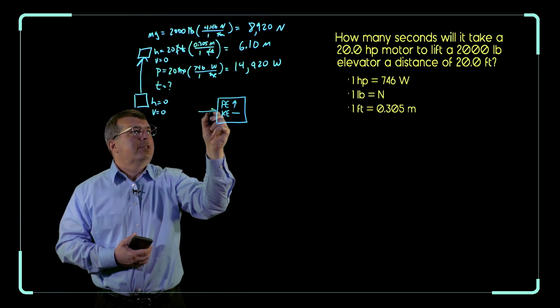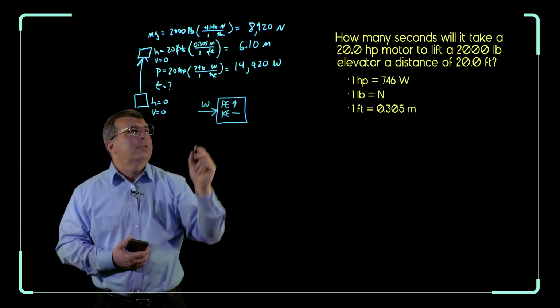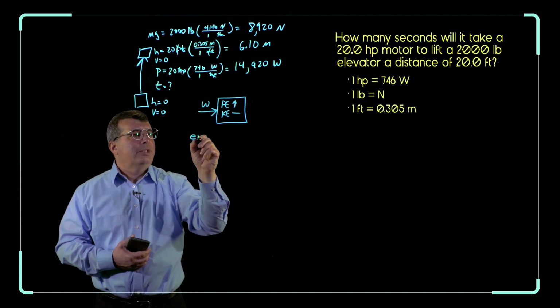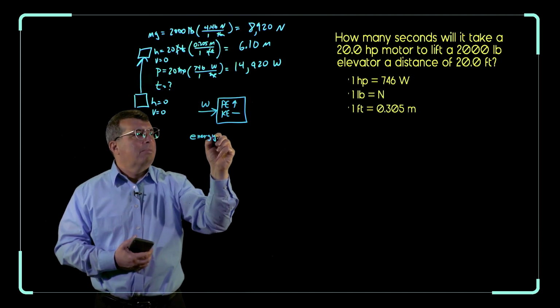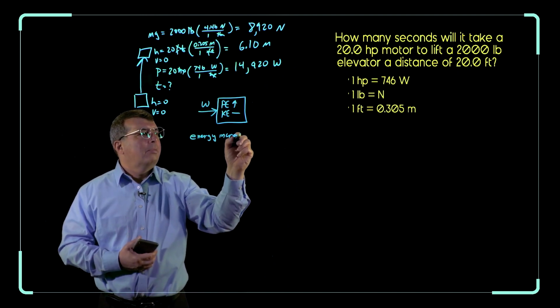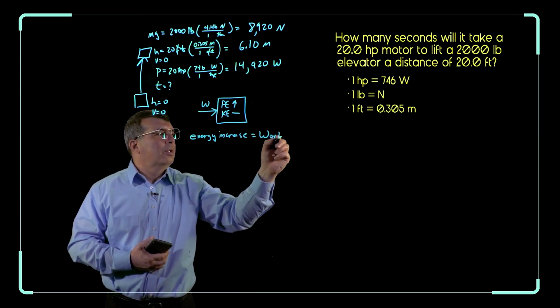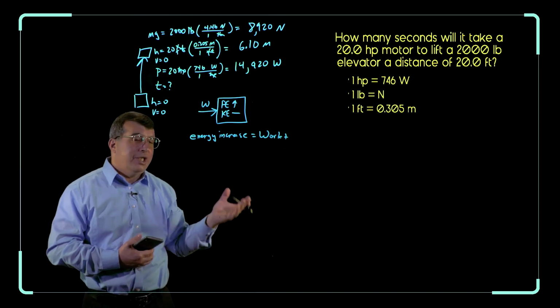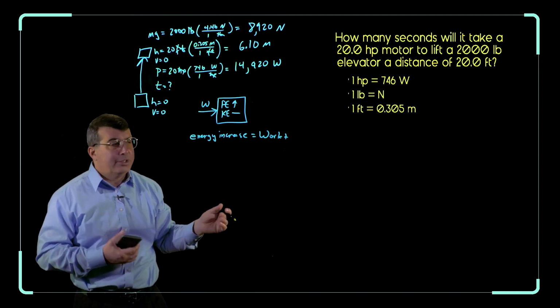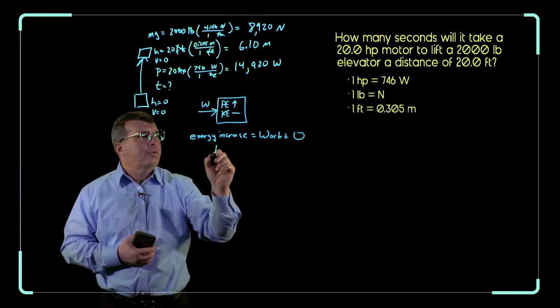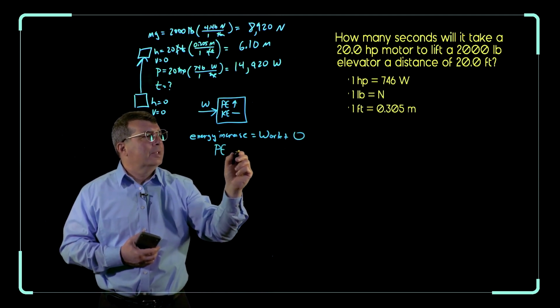And so there must have been some work done. Okay? Our energy principle, energy increase equals the work done plus the energy decrease, but there's nothing that's decreasing, so once again I'm just going to put 0.